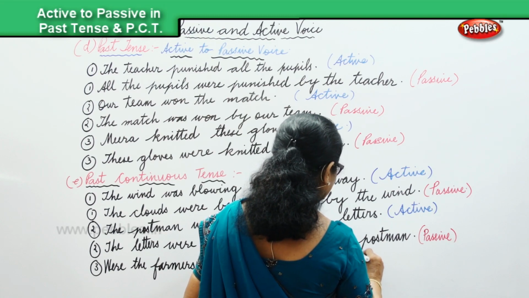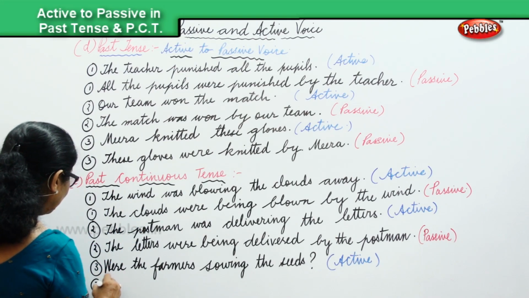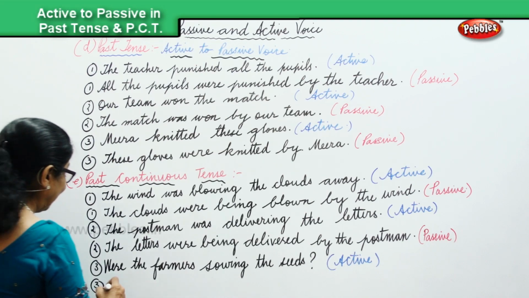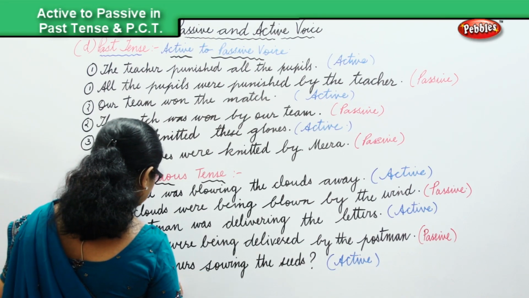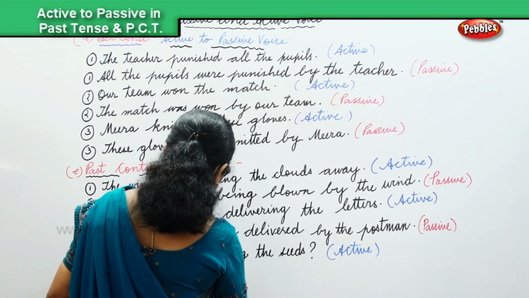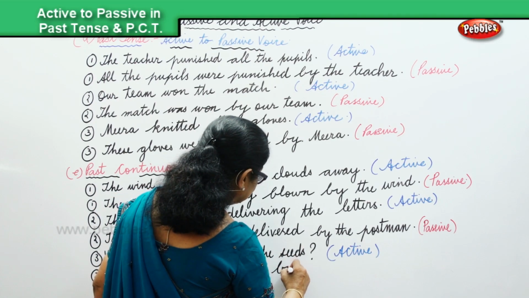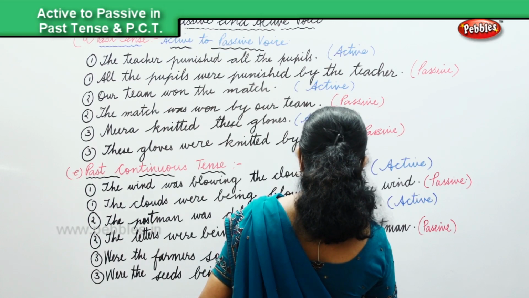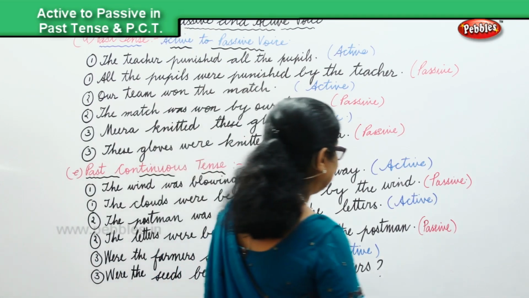And finally, we are changing that into passive in the past continuous tense, and that is, were the seeds being sown by the farmers? And that is the passive voice.